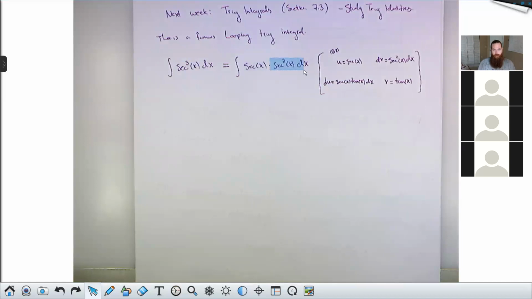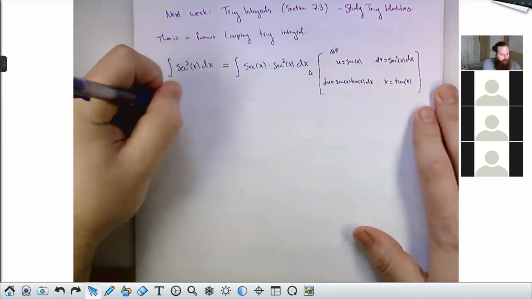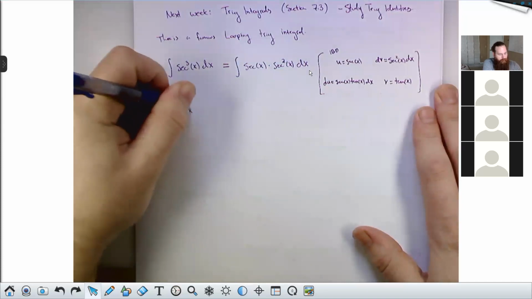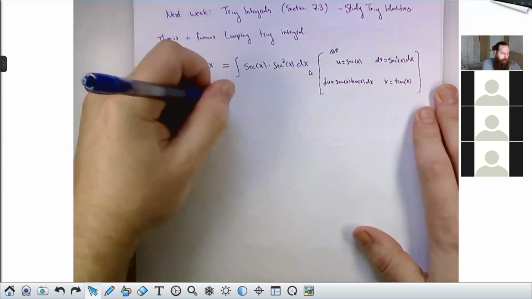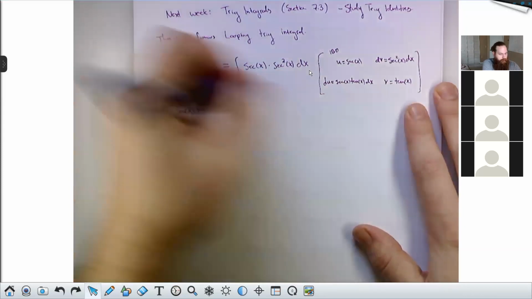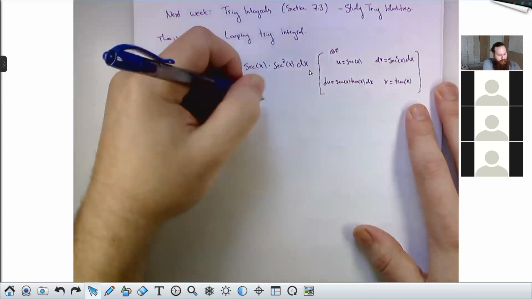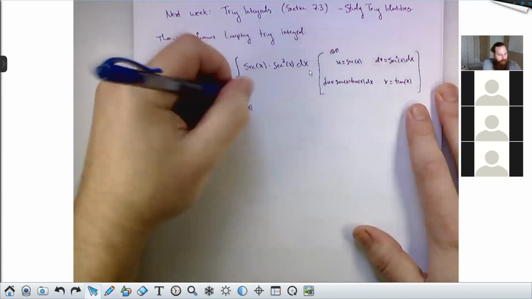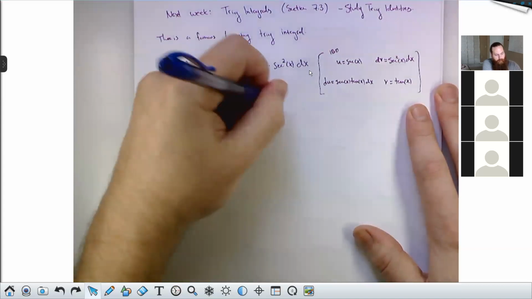Here's u times dv. So the integral of u dv should be equal to u times v, which is secant x times tangent x, minus the integral of v du, which is tangent x times secant tangent. Okay, so that's going to be tangent squared times secant x dx.